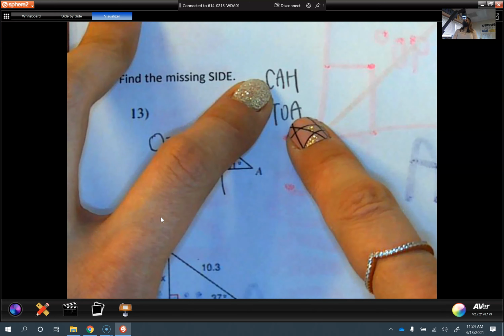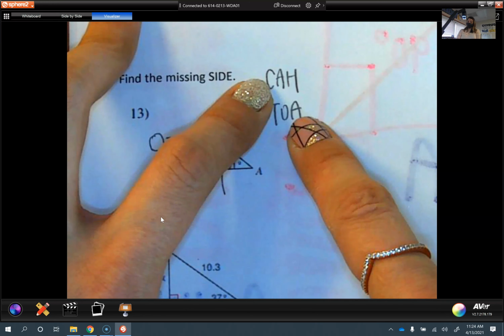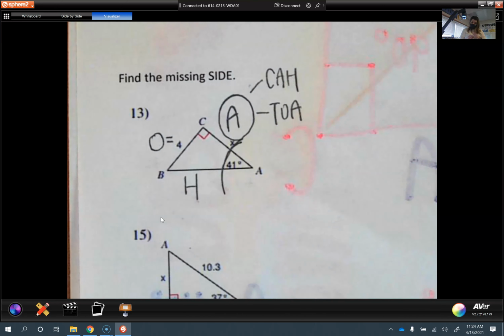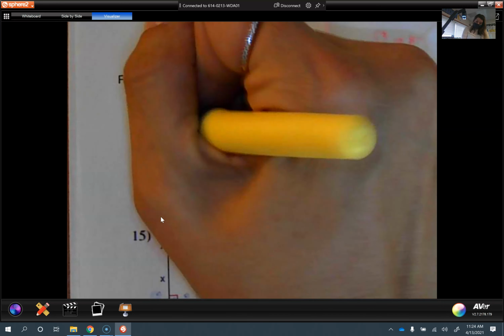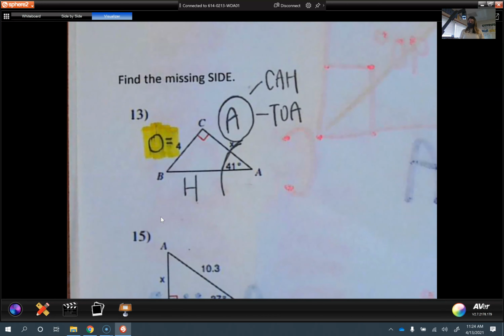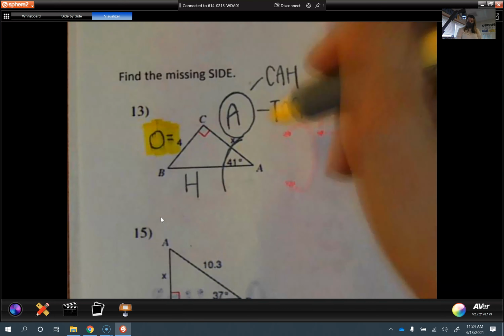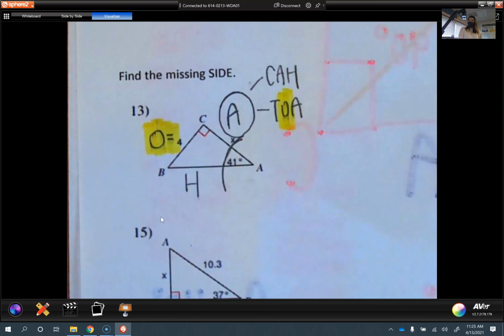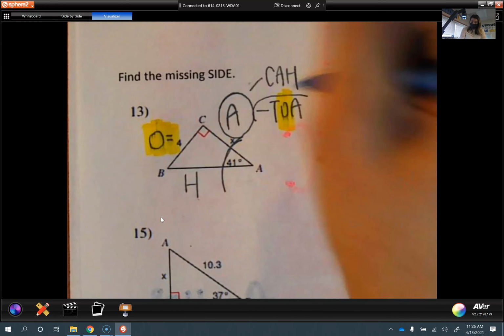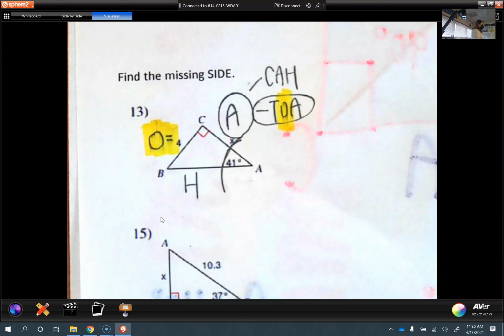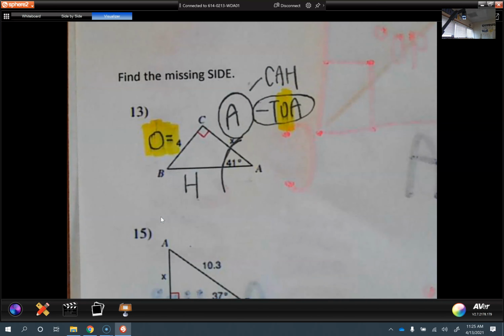Well, I can only find that using what I have, and the side that I have is O. Because of that, I have to use TOA. It is the only one that has the side that I want to find and the side that I have. So I have to use TOA.